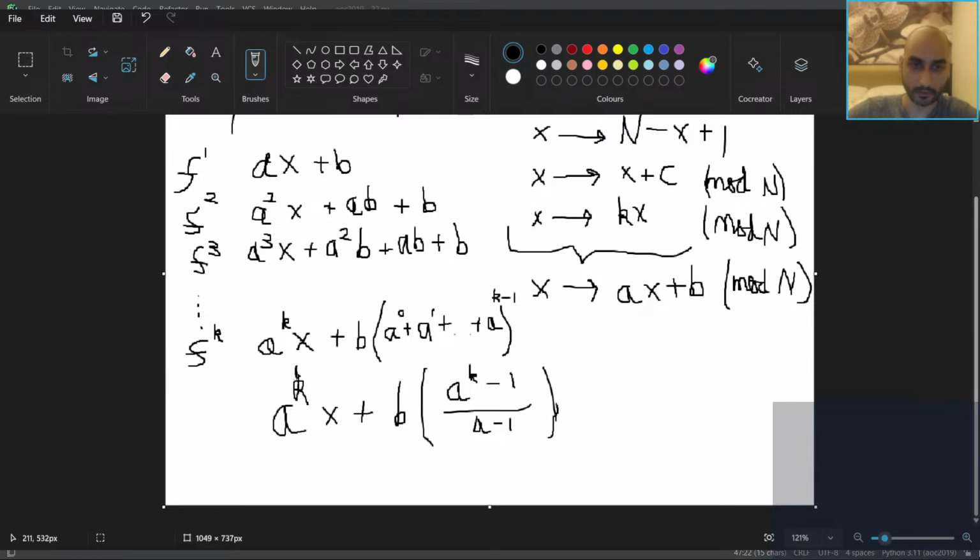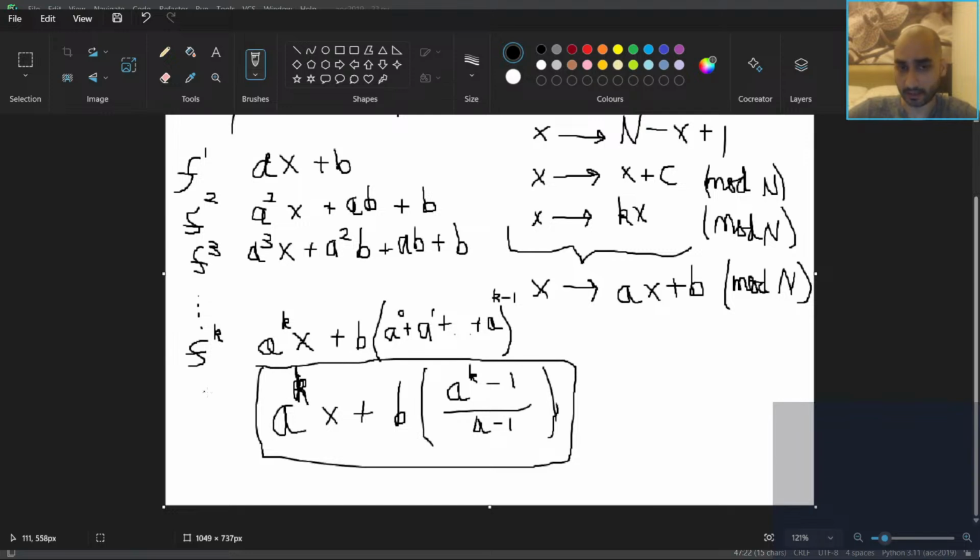Wait, no. To do exponentiation, we're gonna have to. But Python has a power method for the exponentiation, so I'm pretty sure it can just do it. So this is the formula. The only catch is doing A to the power of K for a big value of K. You need to use modular exponentiation, but Python has that built in, so you don't have to write it yourself.